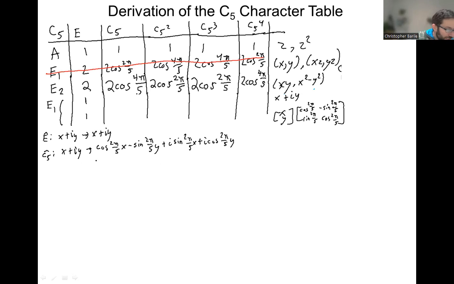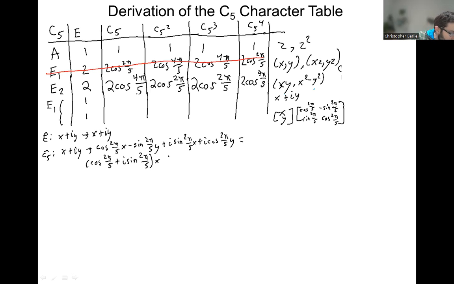All right, so now let's factor some things out. What we can factor out is an x. So we're going to end up with this equaling cosine 2 pi over 5 plus I sine 2 pi over 5, times x.